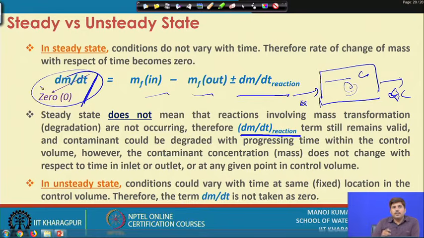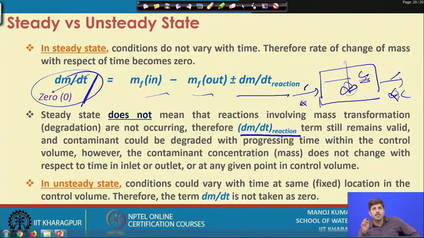So, the contaminant concentration or the mass does not change with respect to time at the inlet, outlet, or any given point in the control volume. Obviously the concentration will be different at different points within the control volume, depending on whether it is a plug flow system or a CSTR. If it is a CSTR, the concentration in the control volume remains the same.